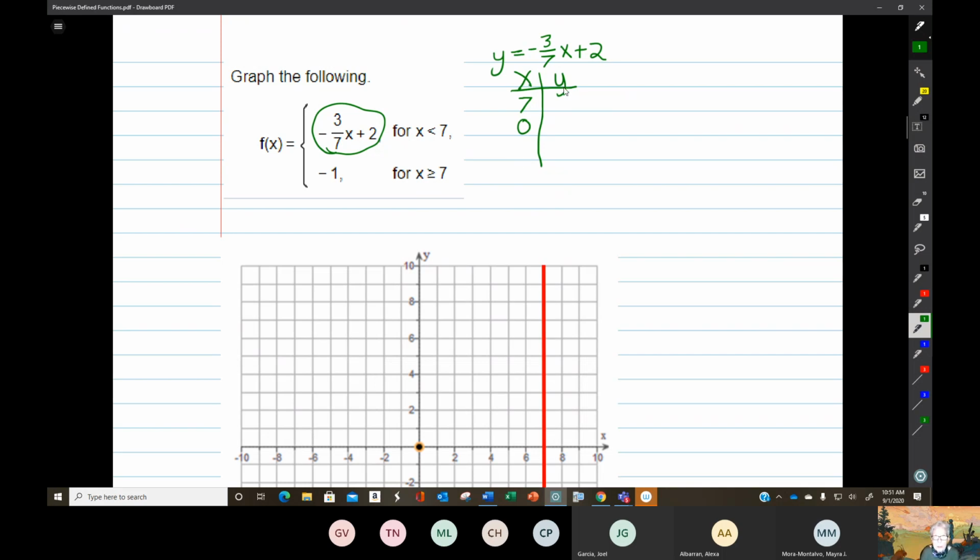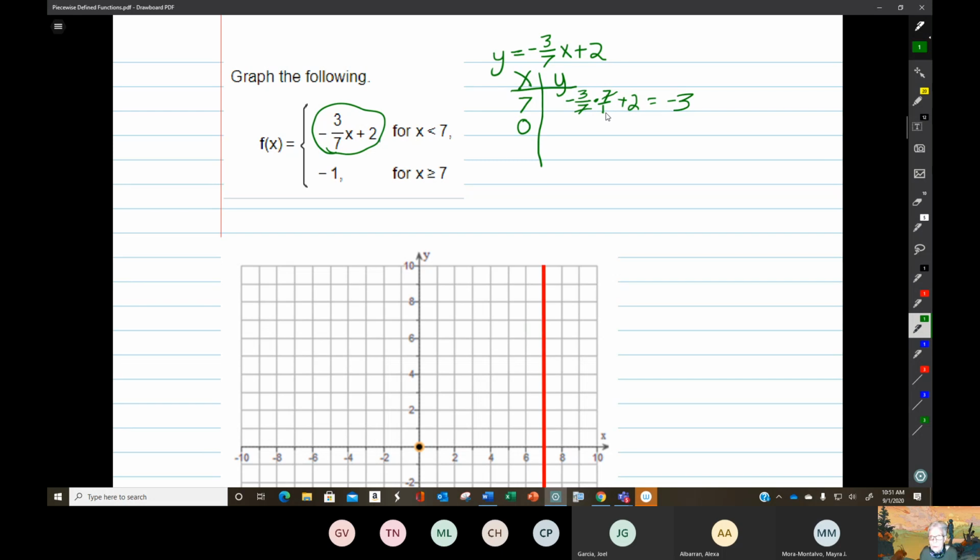Okay, now y is going to equal negative 3/7 times 7. And I might as well write 7 as 7 over 1 when I'm having to multiply a fraction anyway. Plus 2, I don't want to forget that. The 7's cancel. When you're multiplying fractions, the number down here and the number up there, if they're the same, will cancel each other. And so I'll be left with negative 3, because there's just a 1 here.